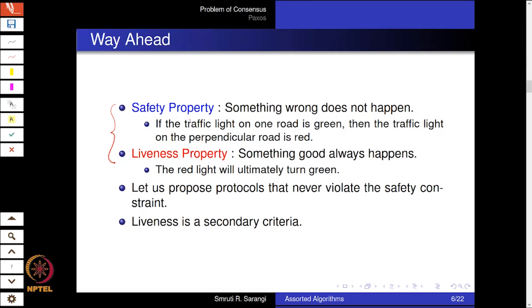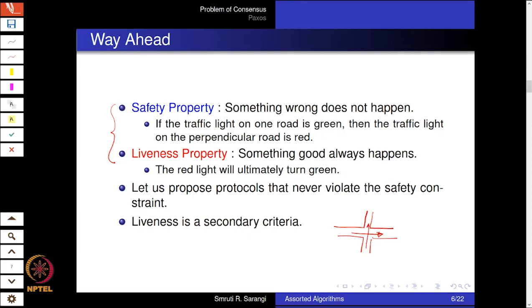We can look at the safety property and the liveness property. The safety property says that something wrong does not happen. Consider a traffic light. If the light for one of the roads is green, then we don't want the light on the other road to also be green.